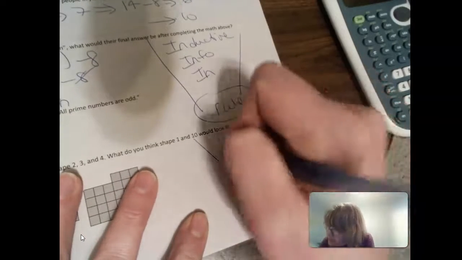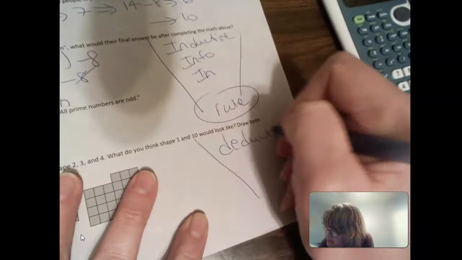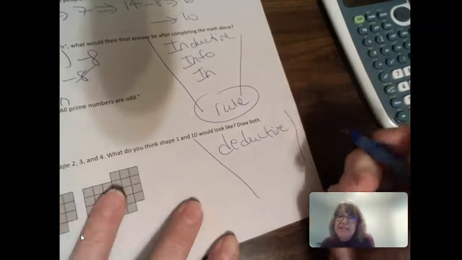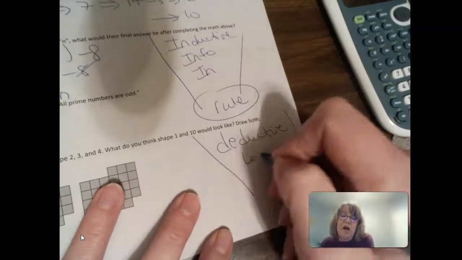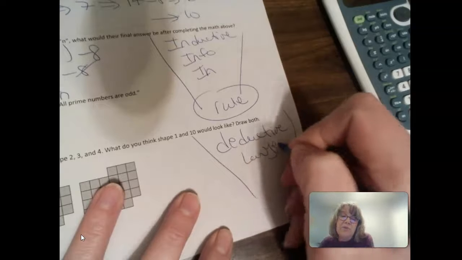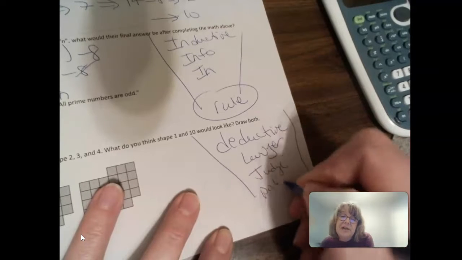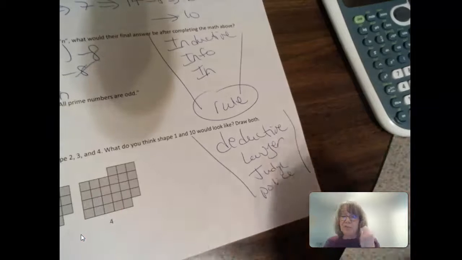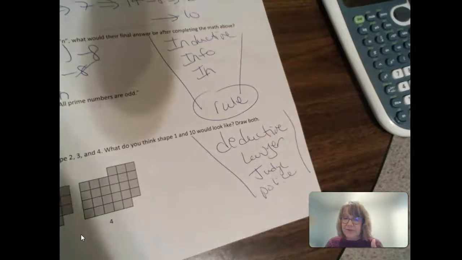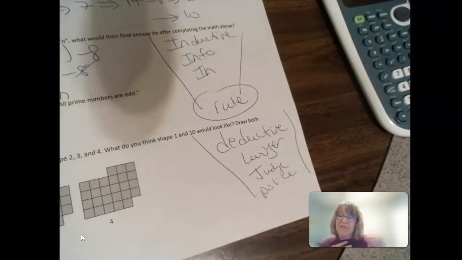Deductive reasoning. Deductive is more like law, like what a lawyer would do, or a judge, or a police officer. It's when there's already a law, like you have to drive 55 miles per hour. If I speed, right, if I go 67, they're going to pull me over, and they're not going to say, well, I kind of think you're driving fast.